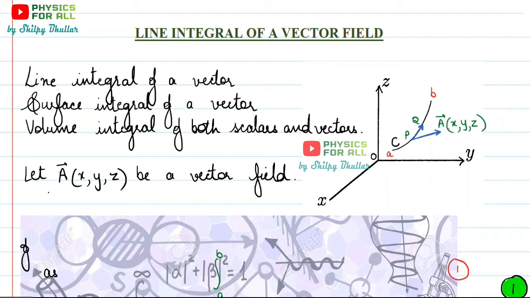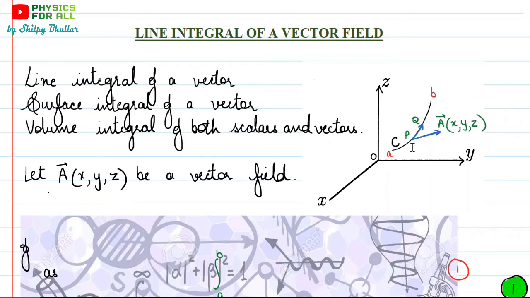Here we have this A, which is a vector field, and it is depending on x, y, and z. So obviously these are the independent variables. Whenever there will be change in x, y, and z, the value of vector function A would change. And it is spread over this region, and we can consider some path. Before that, we can consider 2 points.